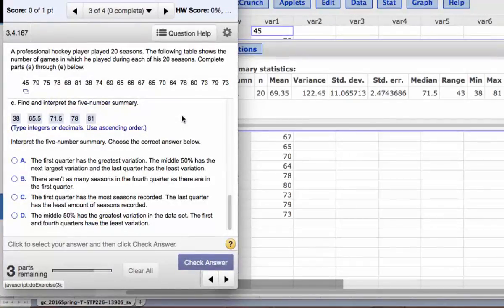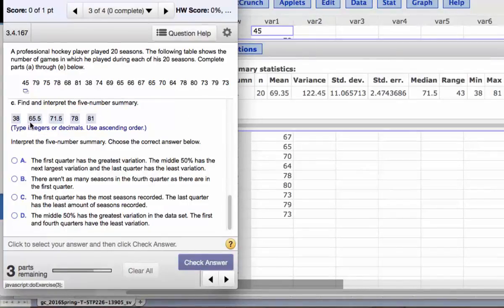Interpret. The first quarter has the greatest variation. The middle 50% has the next largest variation. And the last quarter has the least variation. What do you think about that? So how much variation do we have here? Almost 30, right?